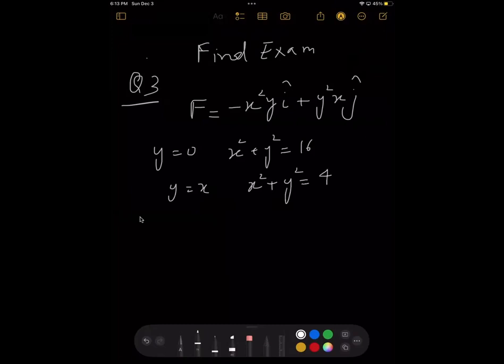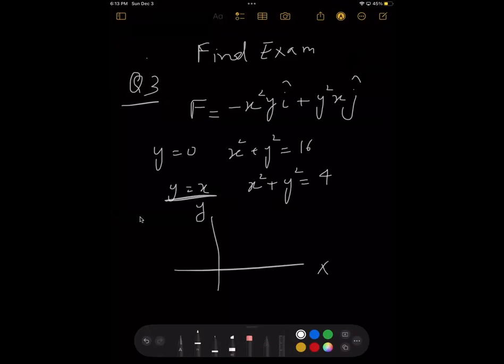So we want the work done by the force along the closed curve formed by these, and we assume counterclockwise orientation. This is our x and this is our y.